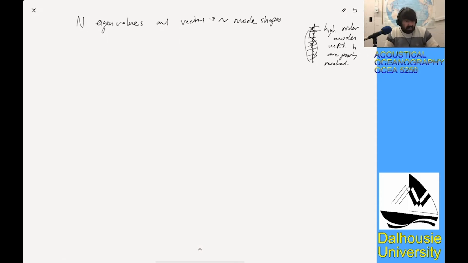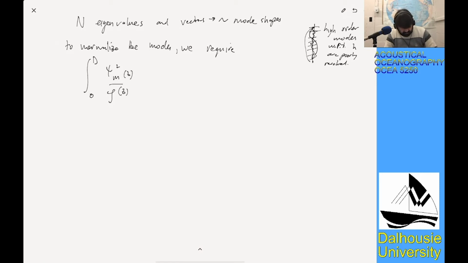To normalize the modes, we need to satisfy that the integral from 0 to d, that's the water depth, of the nth mode over the density is equal to 1. So there are a few different ways to do that.